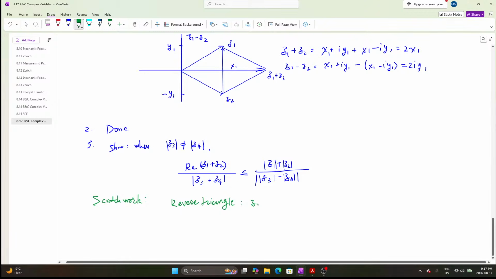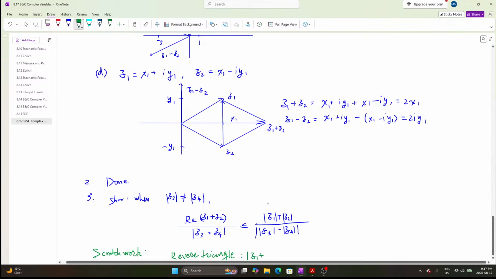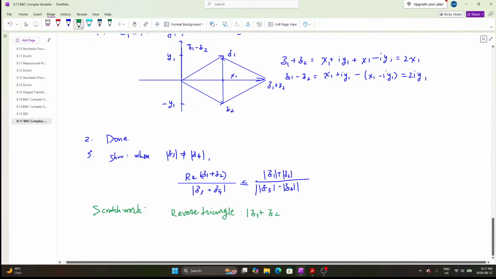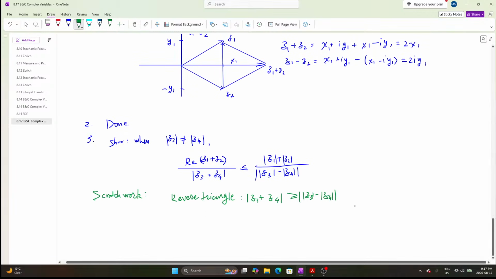And here, we're going to use the reverse triangle inequality: the modulus of z3 plus z4 is greater or equal to the absolute value of the modulus of z3 minus the modulus of z4. Very likely to use this one. And because of the assumption, this is also greater than 0. Okay, so on top, what do we have?